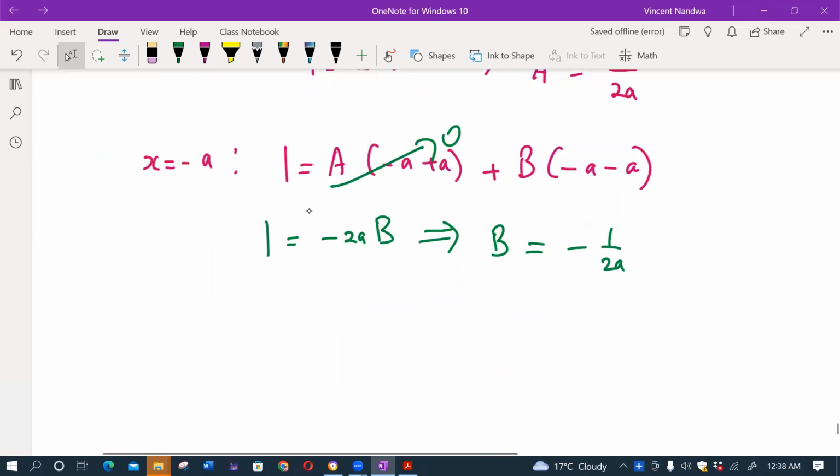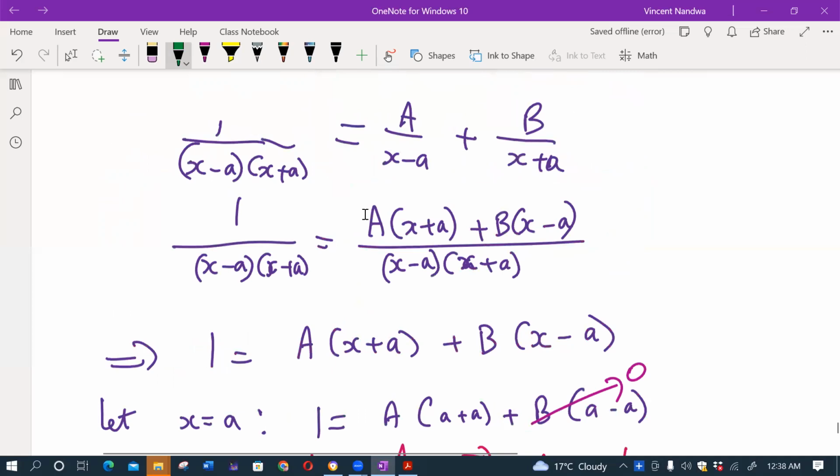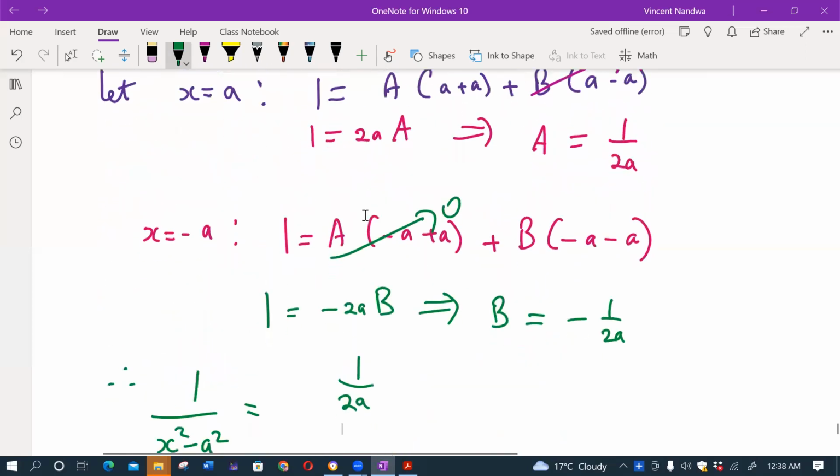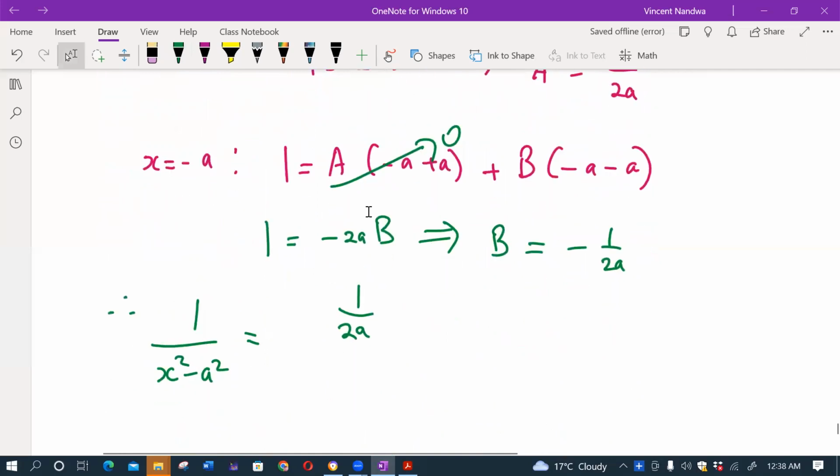So therefore, 1 over x squared minus a squared would be, remember, the value of A is 1 over 2a, over x minus a plus minus 1 over 2a over x plus a.